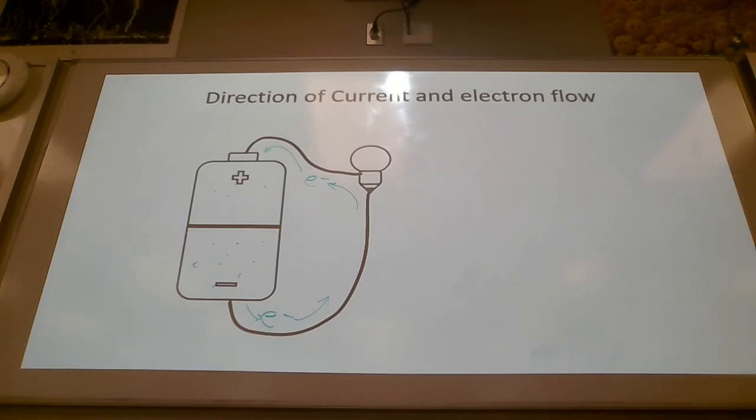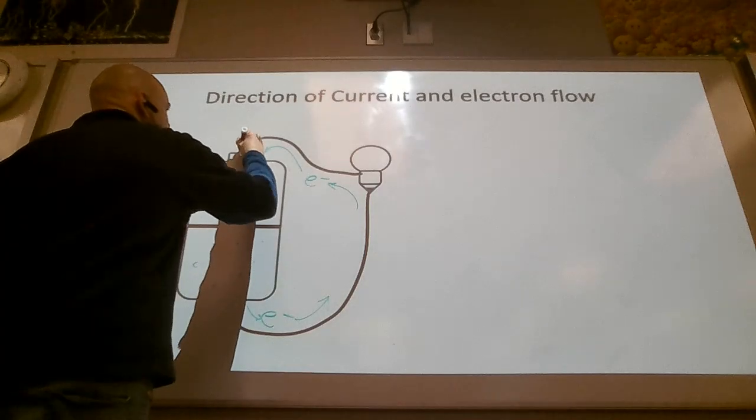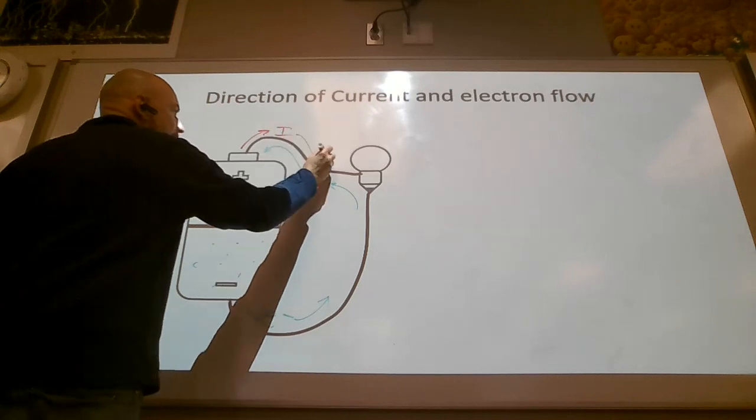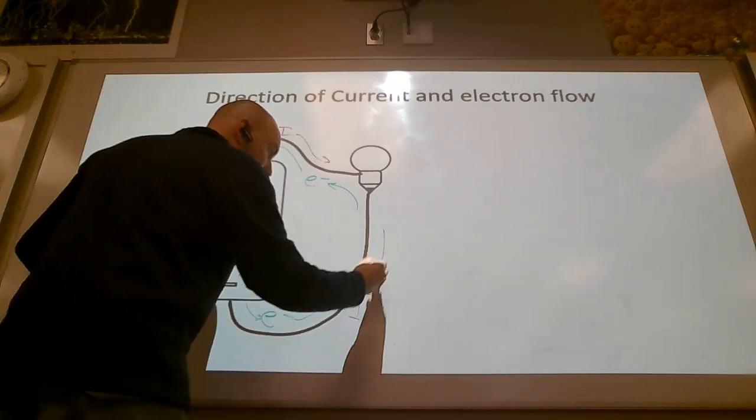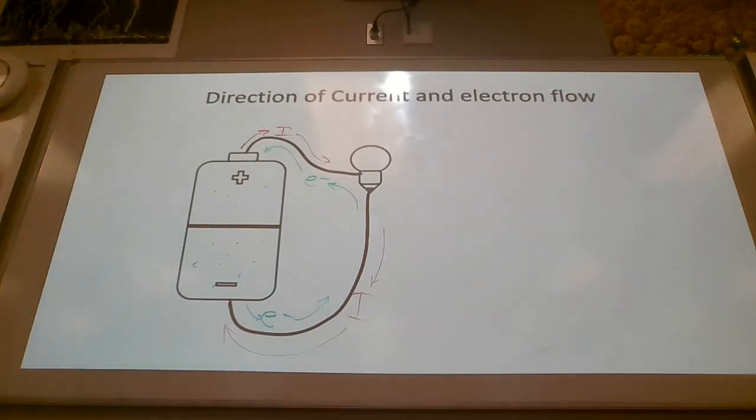If there's one thing in physics that I could change, it would be this next point. If you ask any electrician, what's the direction of current? All of them will tell you current goes out of positive into negative, in the opposite direction the electrons are flowing.